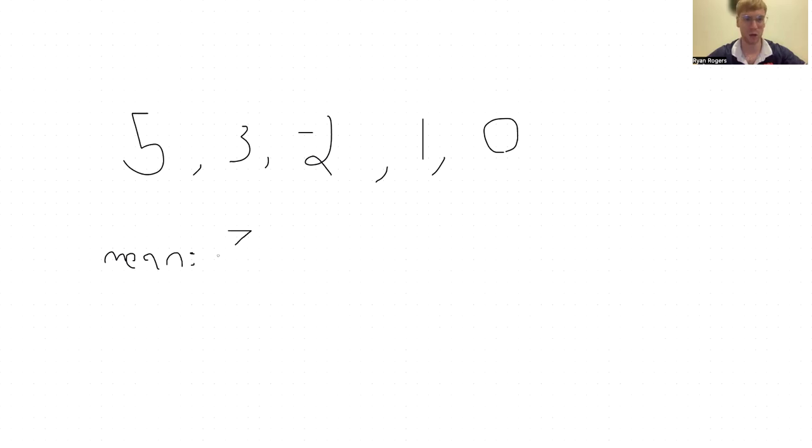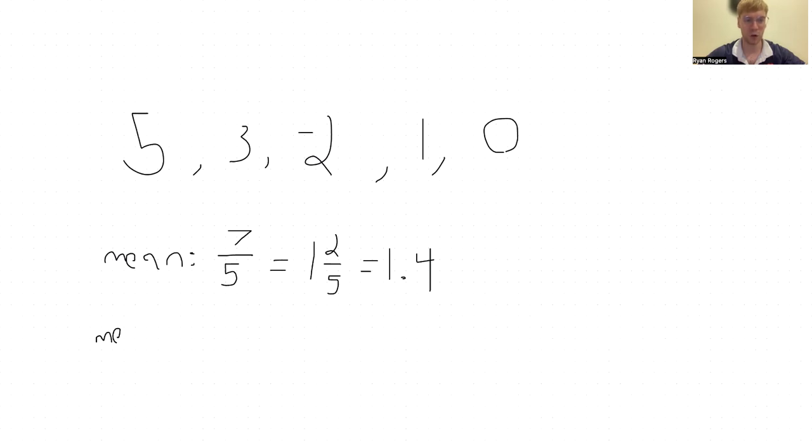So it'd be 1, 2, 3, 4, 5, right? So 7 divided by 5, and that is going to equal 1.4 or 1 2/5, right? Either way you would like to write it, fine with me. Or if you want to write 1.4, that is also fine, right? That's mean.